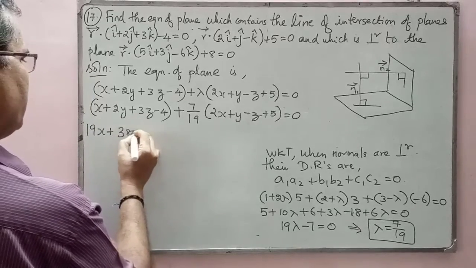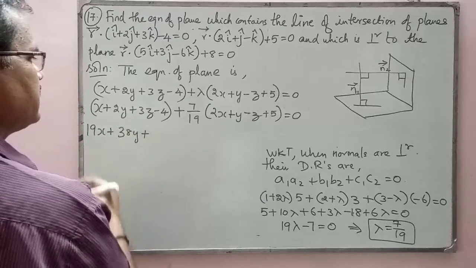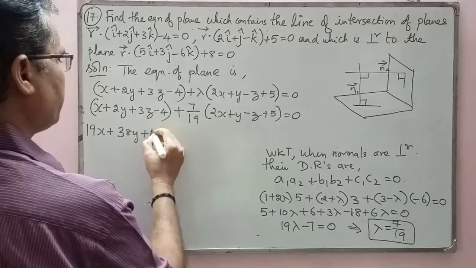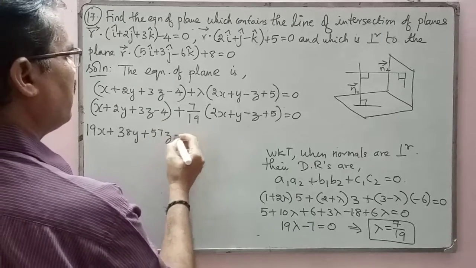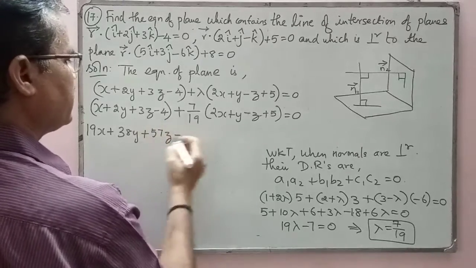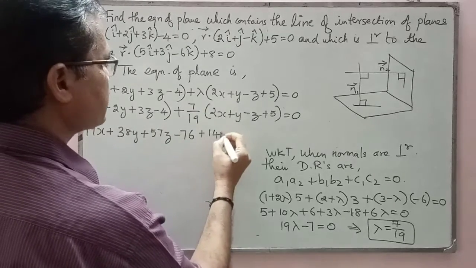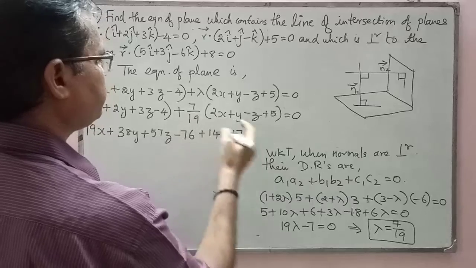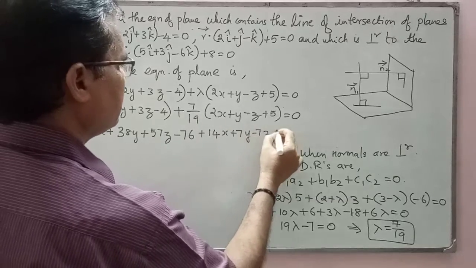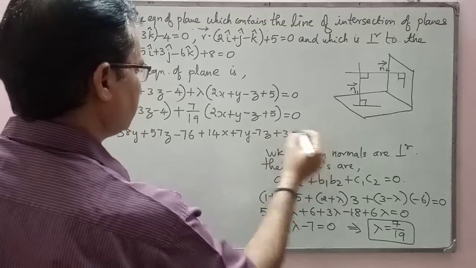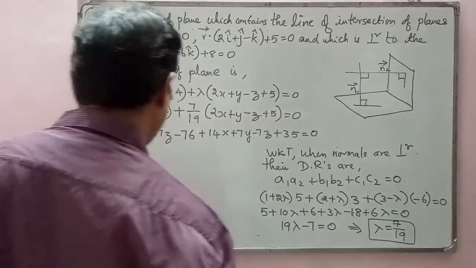So with 19, go for the multiplication. 19x plus 38y plus 57z minus 76, plus take the 7 inside, 14x plus 7y minus 7z plus 35 equals 0. This 19 gets multiplied with 0 and it goes off.